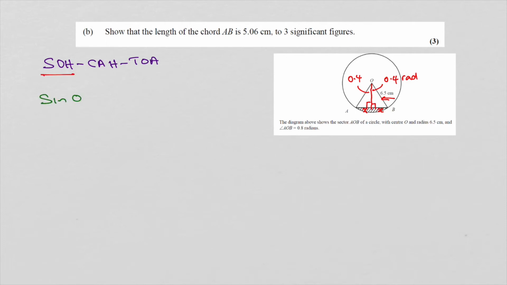Sine of 0.4, which has to be in radians, equals the opposite x over the hypotenuse 6.5. Therefore, multiplying both sides by 6.5, x equals 6.5 times sine 0.4 in radians.